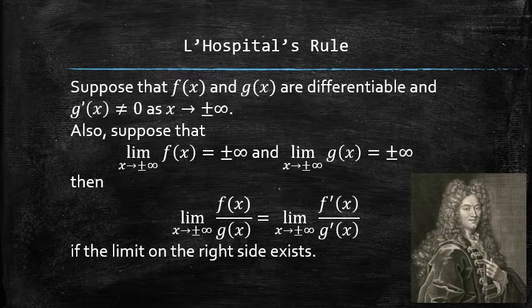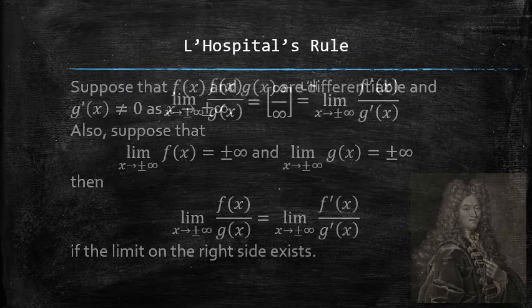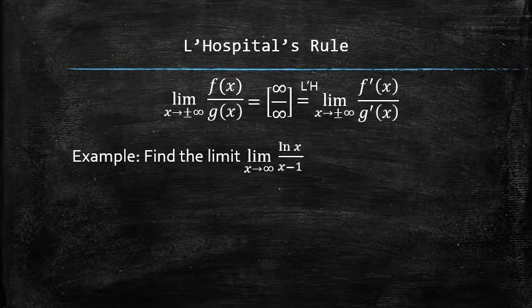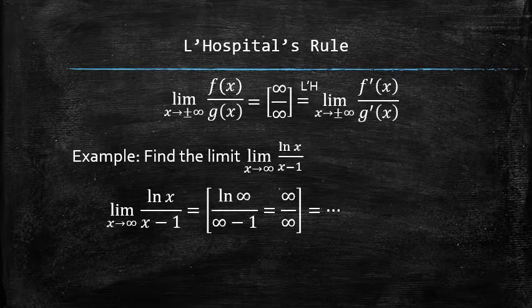L'Hopital's rule also holds when the target value is positive or negative infinity. For example, let's find the following limit. We start off the process by confirming that the limit is indeed of the infinity over infinity indeterminate form.